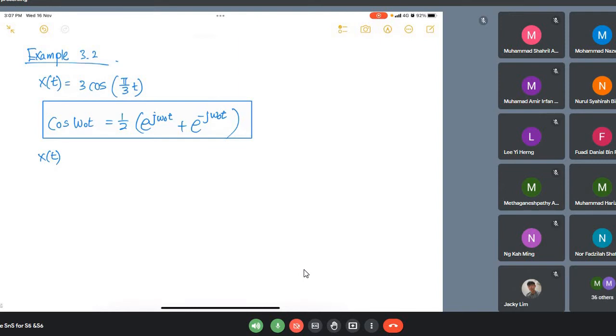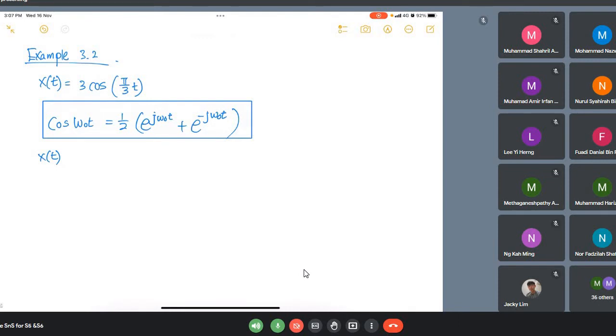So example 3.2. The question is x(t) equals 3 cos(pi over 3 t). We use the same Euler formula, where cos omega naught t equals half of the exponent j omega naught t plus exponent minus j omega naught t. We substitute in the question.